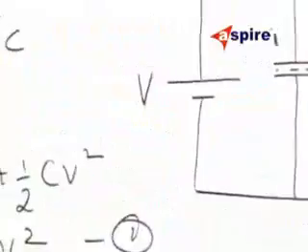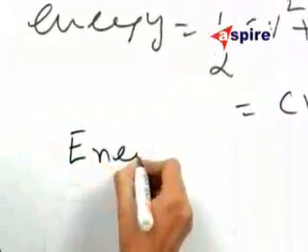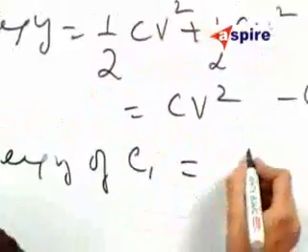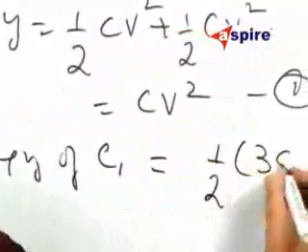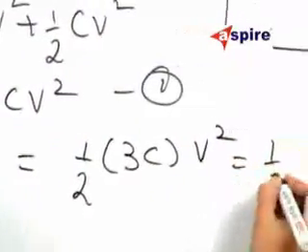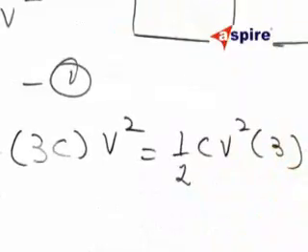C1 dash is 3C. Therefore, the energy of C1 after opening the switch is half 3C V square, which is half CV square into 3. We can write it like this.